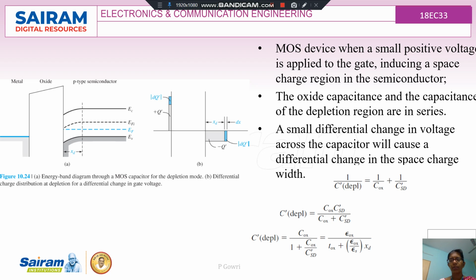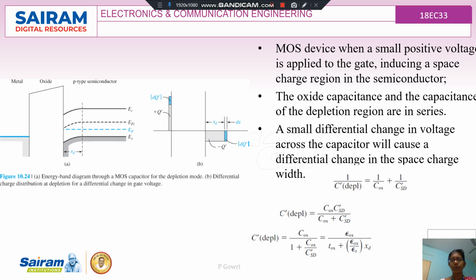So the depletion capacitance will be in series with Cox and Csd, and hence we can say that C depletion equals Cox times Csd divided by Cox plus Csd. That is, C depletion equals epsilon ox by tox plus epsilon ox by epsilon s into xd. The minimum capacitance will occur when there is a change from the formation of the depletion region to the formation of the inversion region.